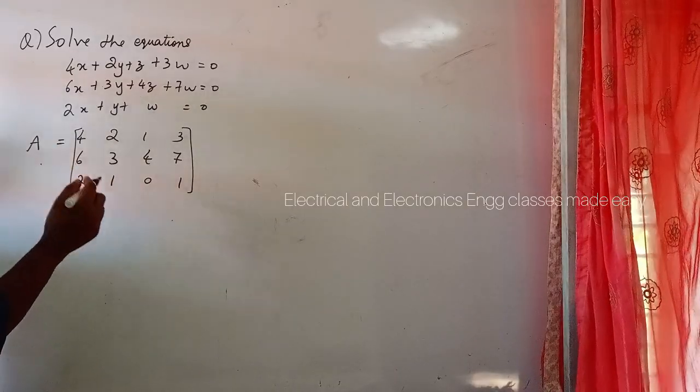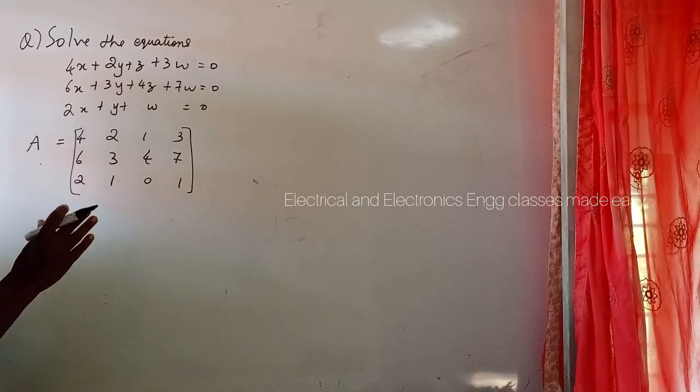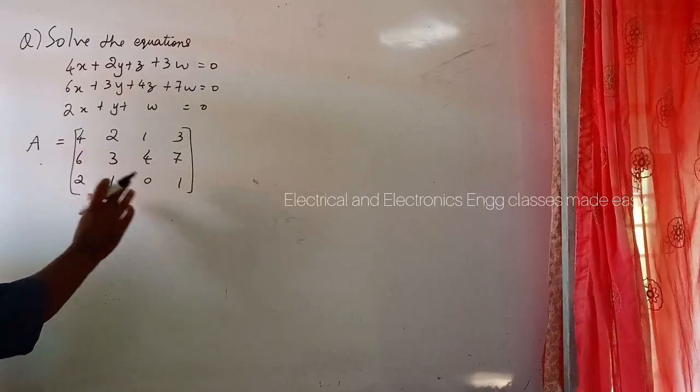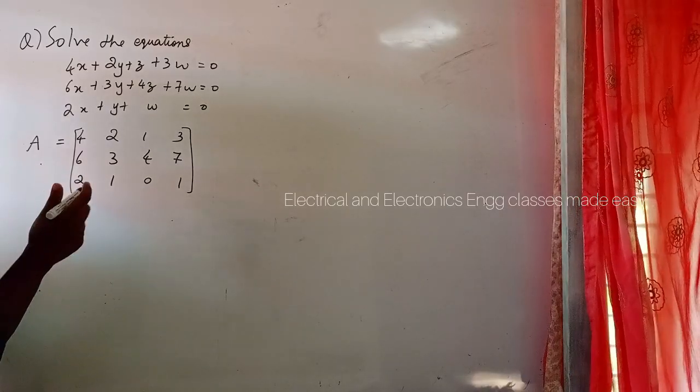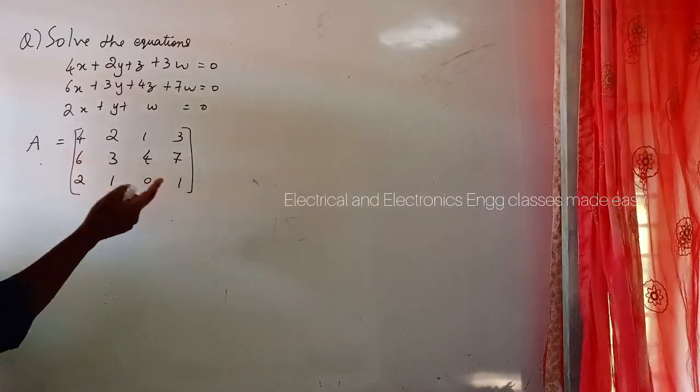Now here we have to find the rank of this coefficient matrix. That is, we have to find the number of non-zero rows here. So for that, let us do the operations. That is, let us make these elements 0.